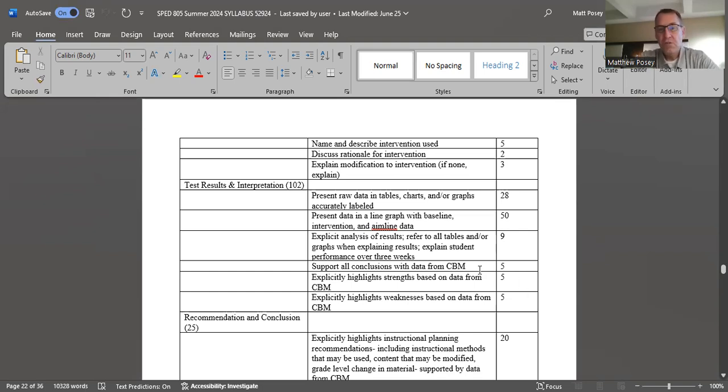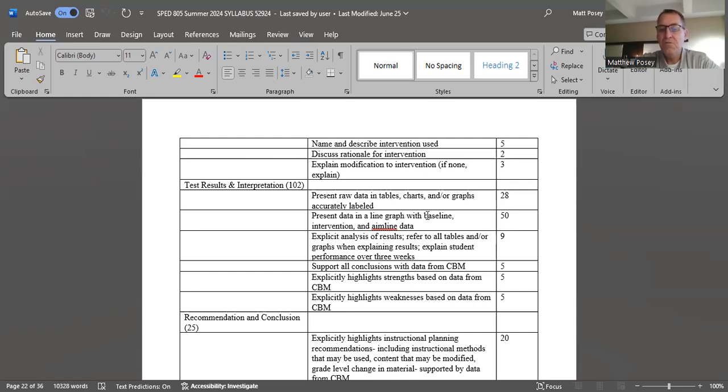Then we jump down to the test results and interpretation section. Again, we've been doing this, but there are a couple of new areas that you need to make sure you realize are in there. As a courtesy reminder, you are going to continue to put raw data in tables, charts, and graphs, just as you have done.